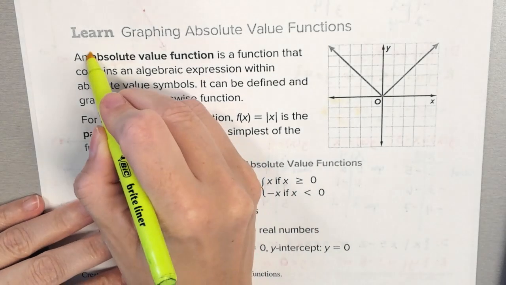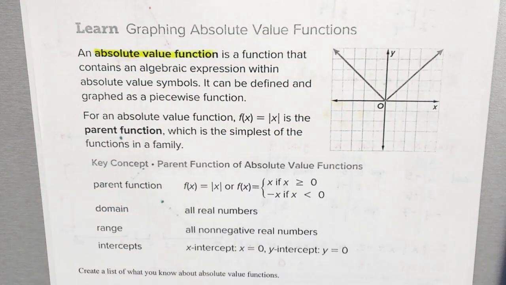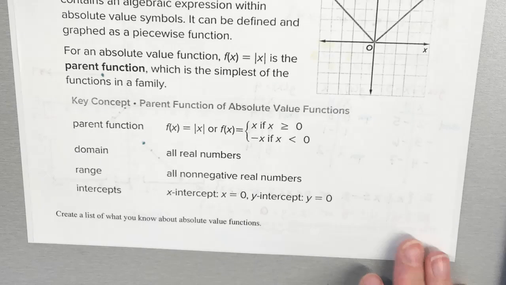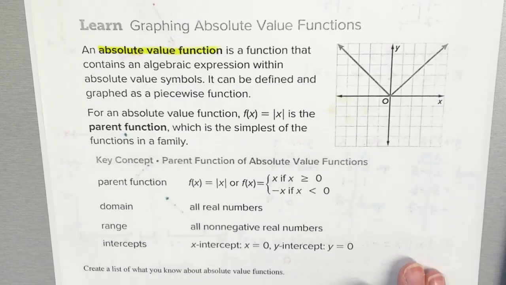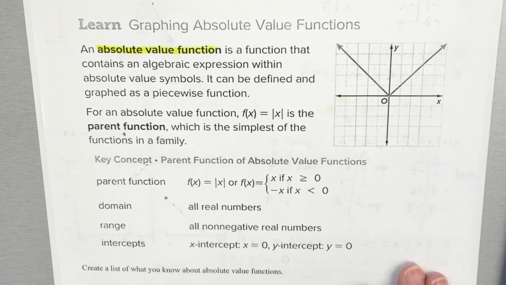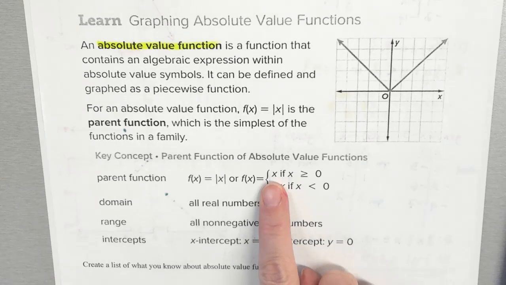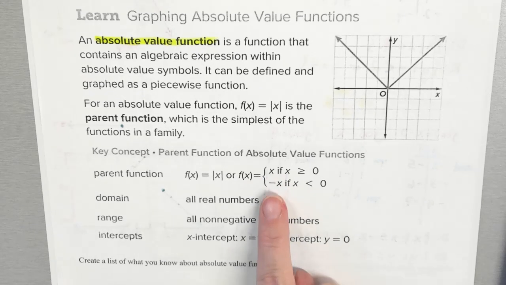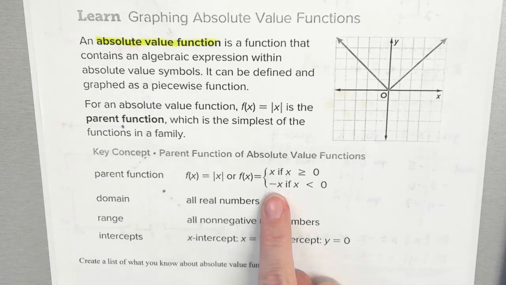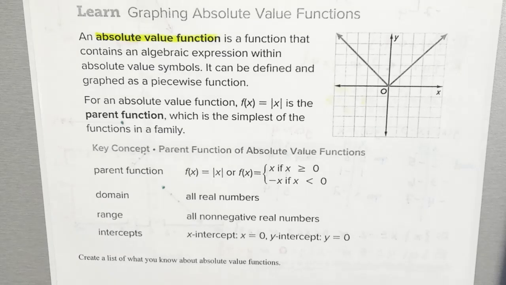Okay, so the absolute value function technically is a piecewise function, which is why the book includes it in this section, because when you're doing the absolute value, it includes all of the values of x that are positive, and then it transforms those values of negative x into a positive value, and so you can use a piecewise function to define it.